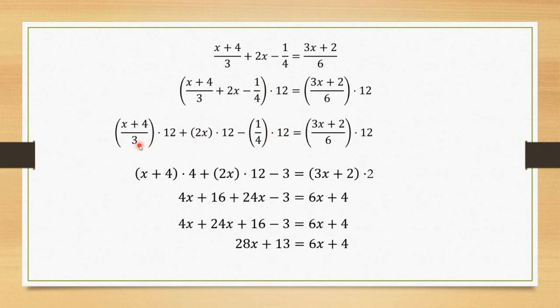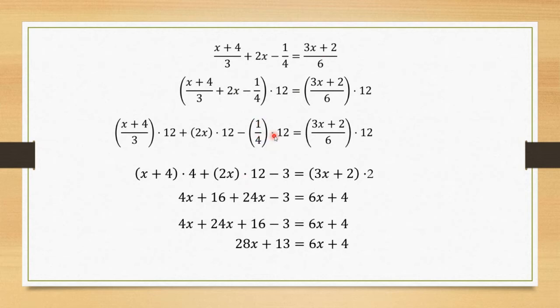Well, 12 over 3, what happens here? The 3 is gone, and 12 turns into a 4. 12 is 3 times 4, so the 3's cancel. Here, the 12 just stays there.